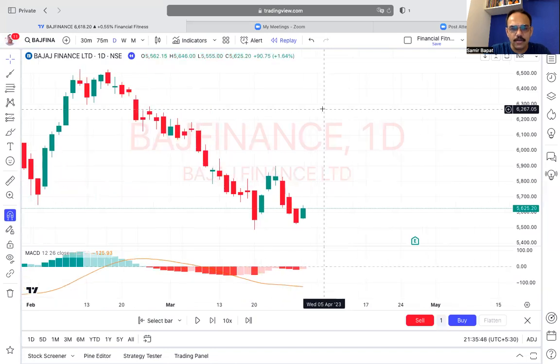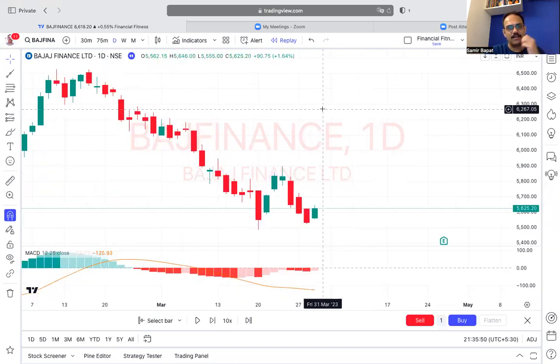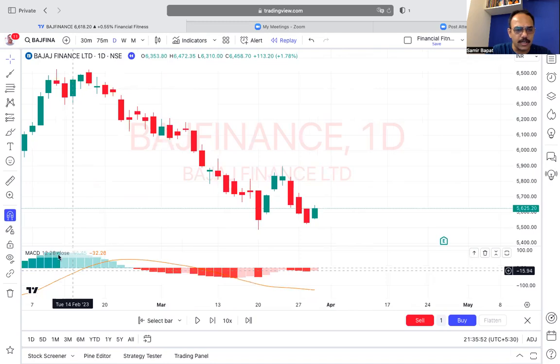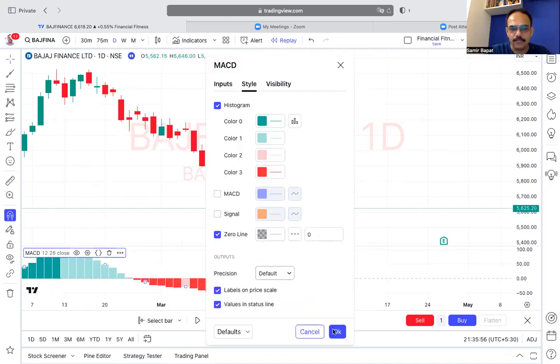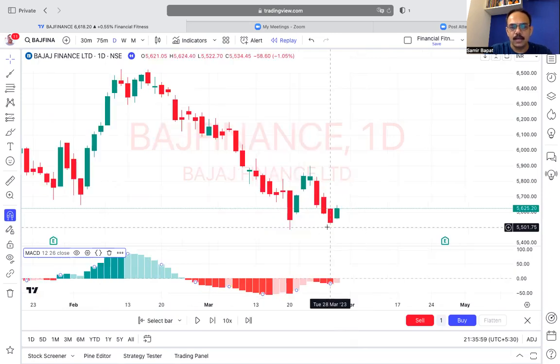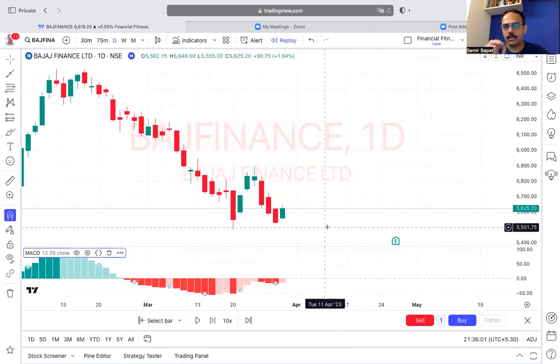Now we have a histogram here. I'll also remove the signal part of it so that we are very clear what we are talking about. Now, everyone pay attention to this part.